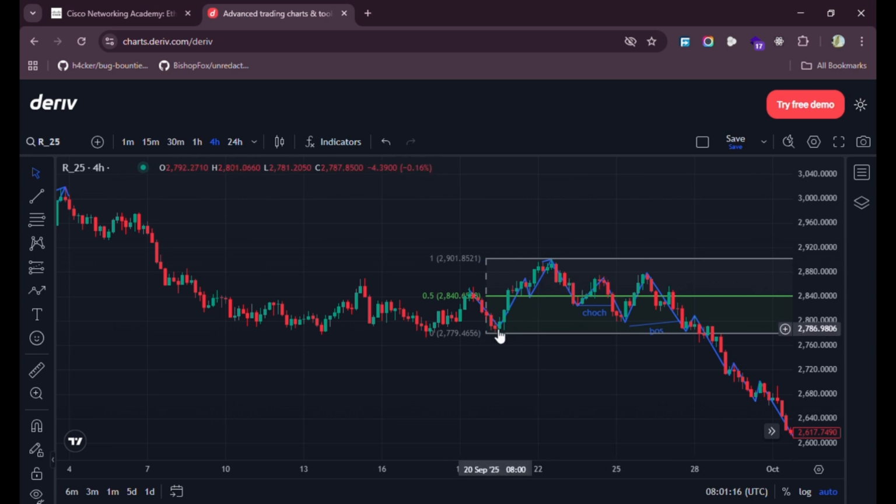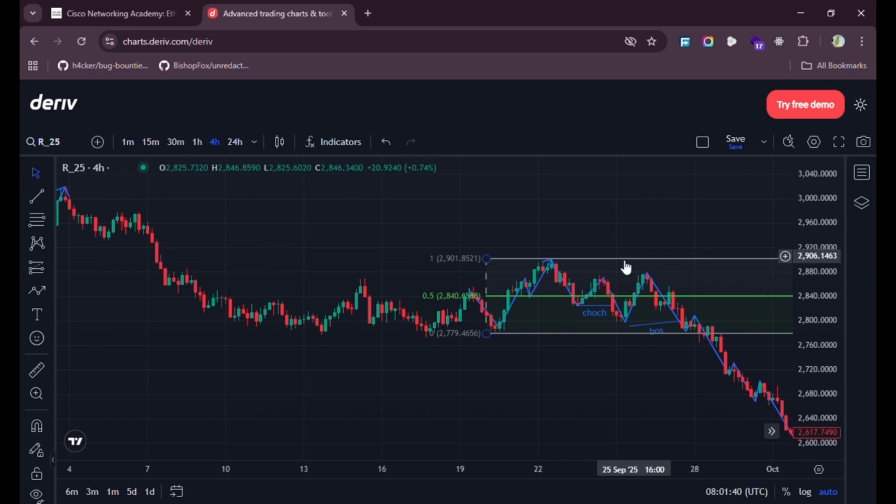Now from this point, this was the lowest point, to this point, we want to sell. Do not trade in the opposite direction with what the market has shown you. The market structure has shown you is a selling market. So you don't want to buy. You are looking for a sell.